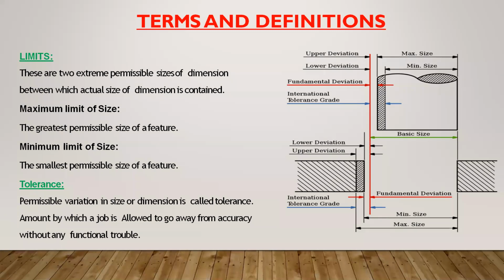The first one is the maximum limit of size, and the second one is the minimum limit of size. The maximum limit of size is the greatest permissible size of a feature. That is, the higher permissible size of a feature can be defined by the maximum limit of size.